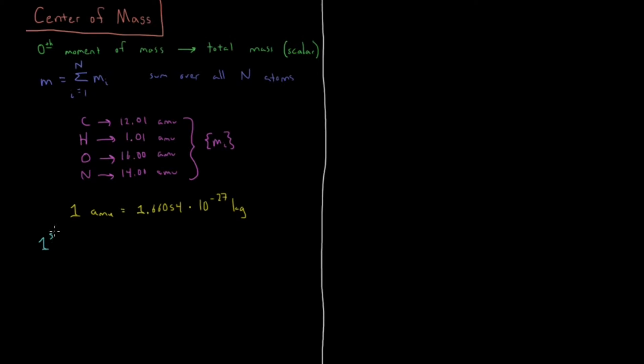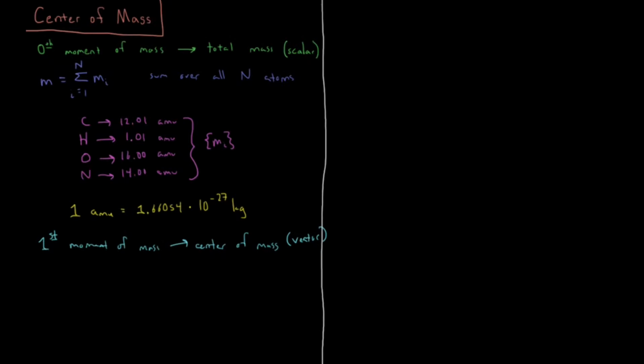Our first moment of mass is the center of mass. So that would be a rank 1 tensor, or what we would also call a vector. So it's a vector that has as many dimensions to it as the dimensionality of the space in which we are computing it.